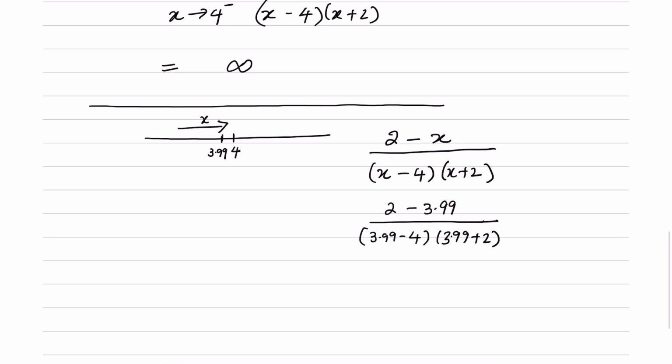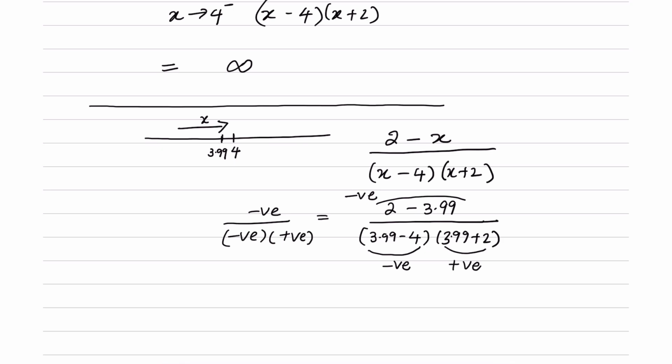Now please see this. The answer of this would be negative, the answer of this would be positive, and the answer of this would be negative. So we have negative divided by negative times positive. So the negative sign cancels with negative and this whole term's sign would be positive.